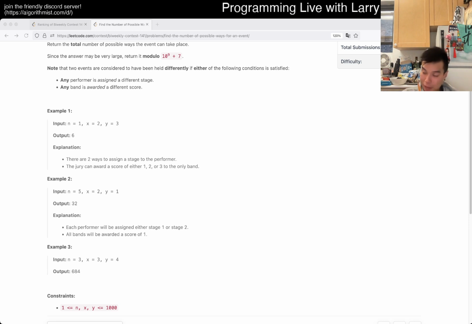Do we subtract it from the number of ways that how many ways are there that the 2 groups will fit? Okay, so we have 3 to the n. But then now I'm okay, the stage part fine, but now we're saying okay.